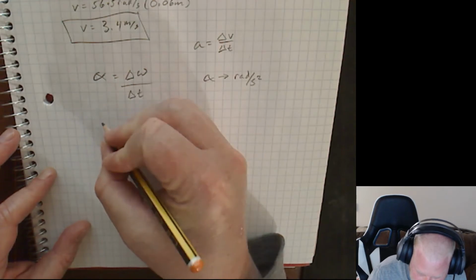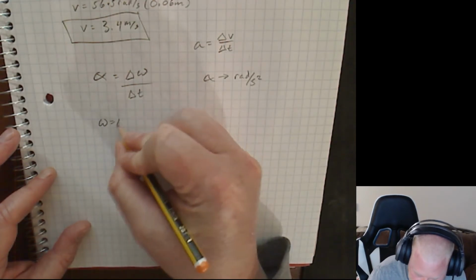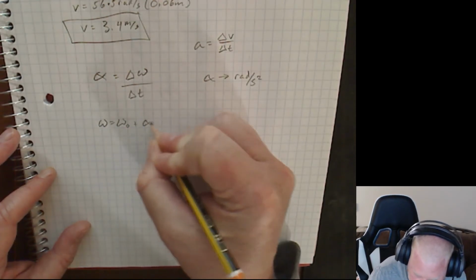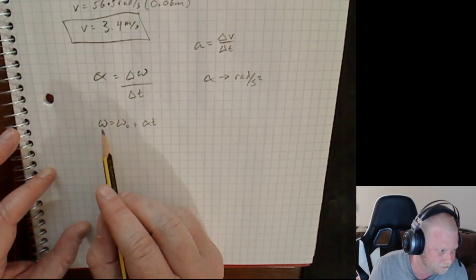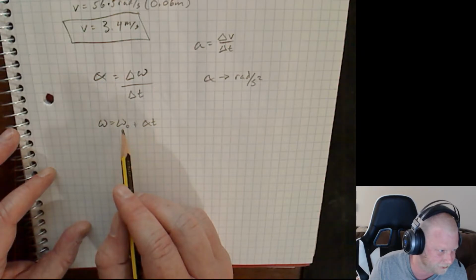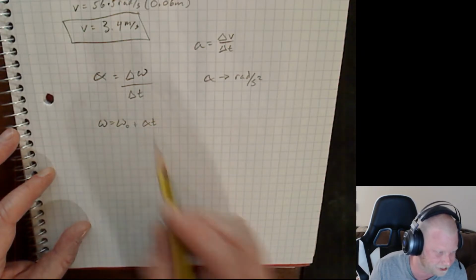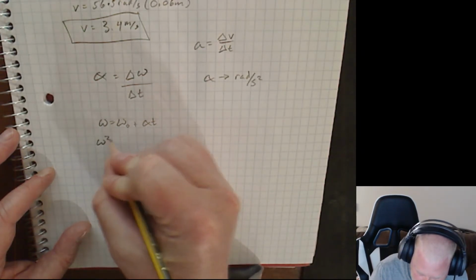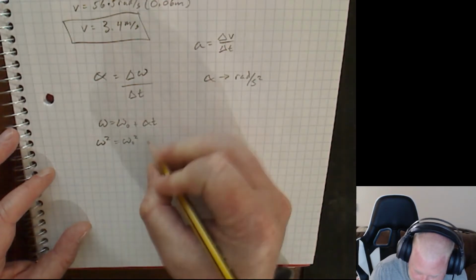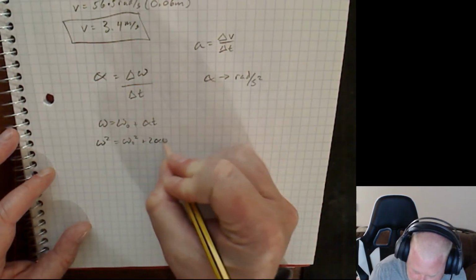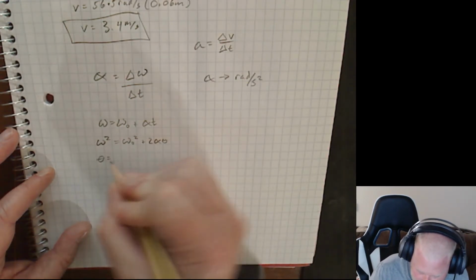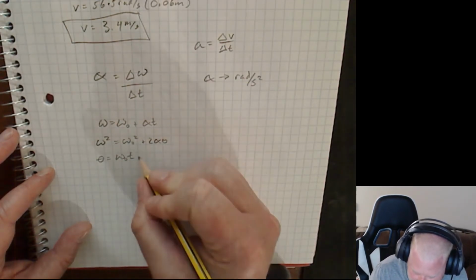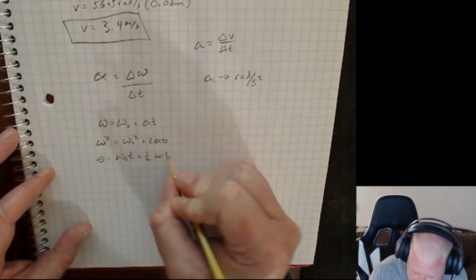Now, these should look really familiar to you. Our final angular velocity equals our initial angular velocity plus angular acceleration times time. Omega squared equals omega naught squared plus 2 alpha times theta. And theta equals omega naught t plus 1/2 alpha t squared.